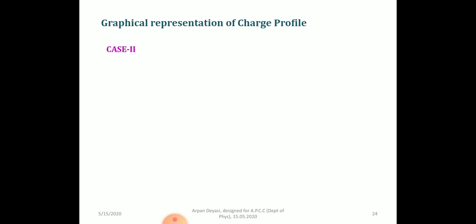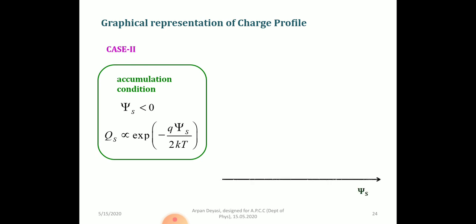Now I am going to case number 2, which is the accumulation condition. In accumulation, psi s is less than 0. If you make some approximation, then Qs is proportional to exponential of minus q psi s by 2kT. Why does the factor 2 come? Because it is a square root, so ultimately the factor 2 comes in the denominator. Now I am showing the previous diagram, which is the flat band.